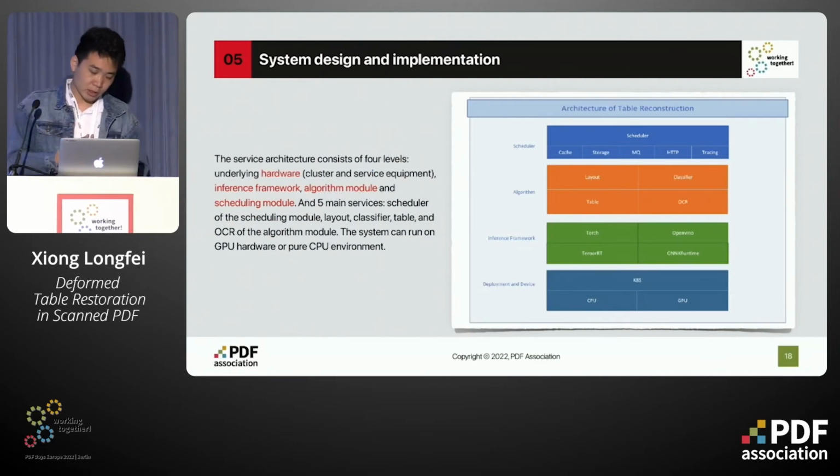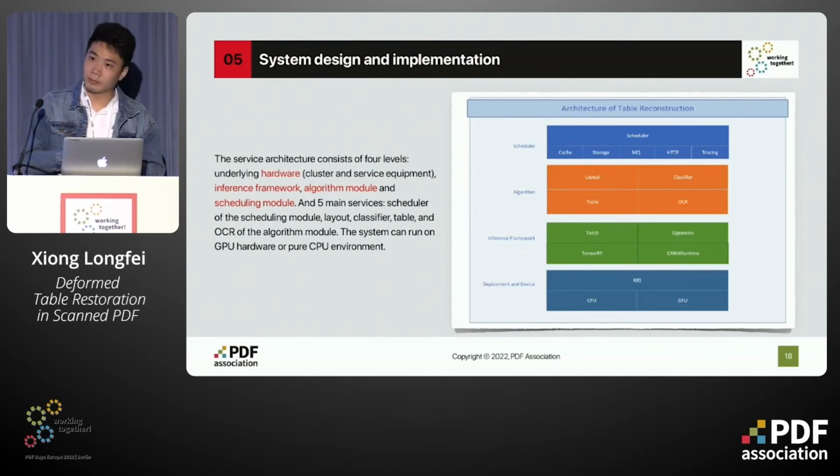The entire system has more than 20 models and more than 100 algorithm modules, involving complex resource usage and scheduling processing. So we designed a layered service framework for deployment, as shown on the right. The bottom layer is the hardware and the service deployment platform.